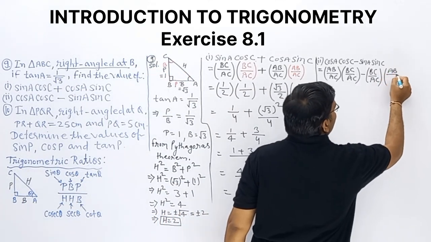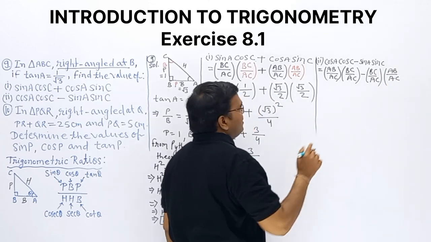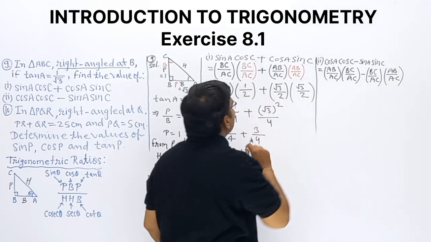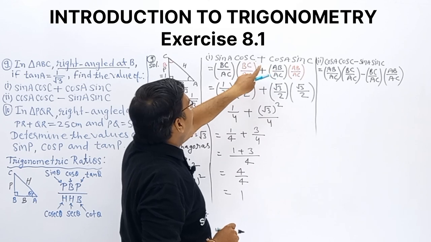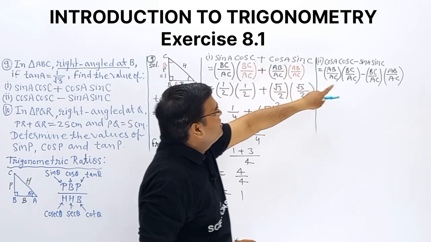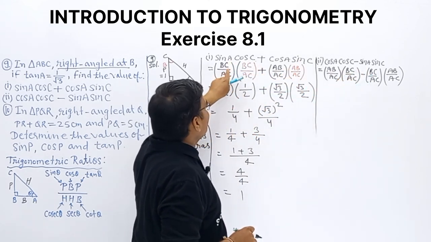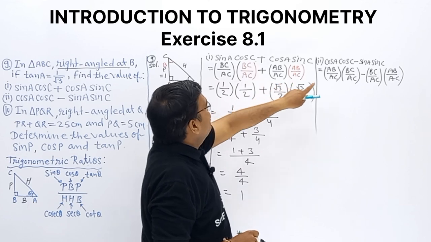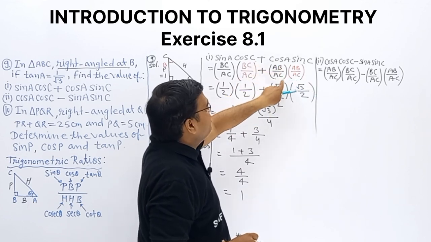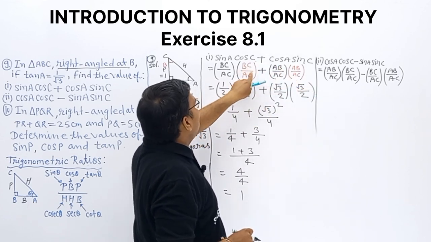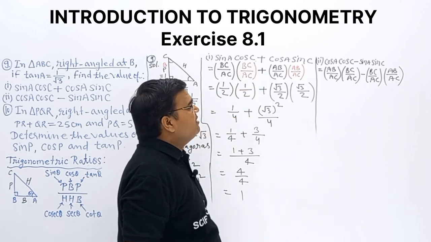Clear? And from the last result also we can check: sin C is AB upon AC, sin A is BC upon AC, cos A is AB upon AC, cos C is BC upon AC. Clear? Now solve.